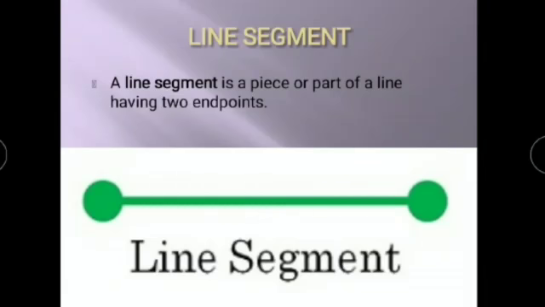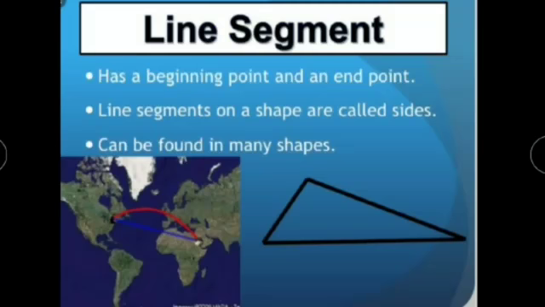Now, next topic is line segment. Line segment is a part of line having two endpoints. Line segments on a shape are called sides. It can be found in many shapes.